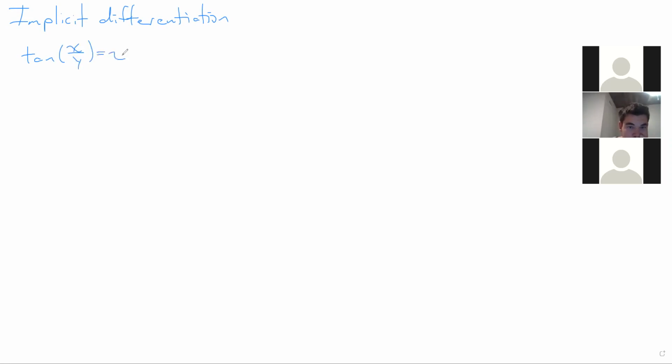All right, so Brenya wants to do some implicit differentiation. And here's the equation she's giving: tangent of x over y equals x plus y.